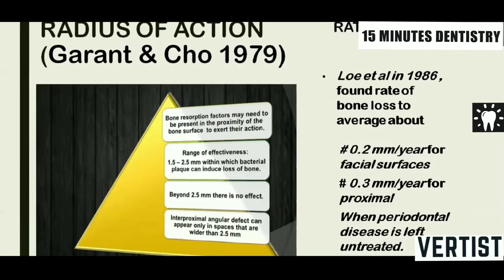Over the year, they found that 0.2 mm was the bone loss which took place on the facial surface, and 0.3 mm per year the bone loss took place on proximal surfaces. That is why you must ask the patient to maintain oral hygiene so that we can prevent the bone loss.